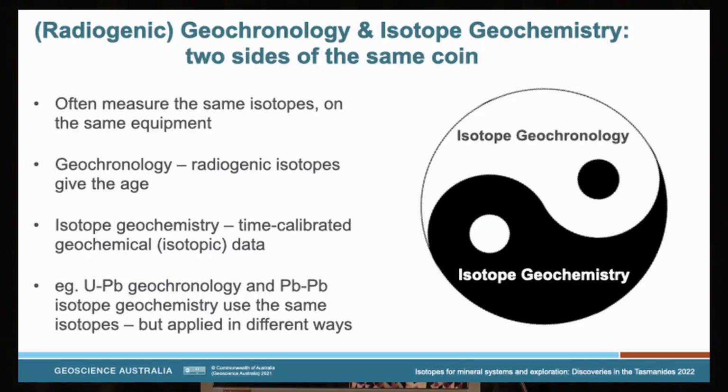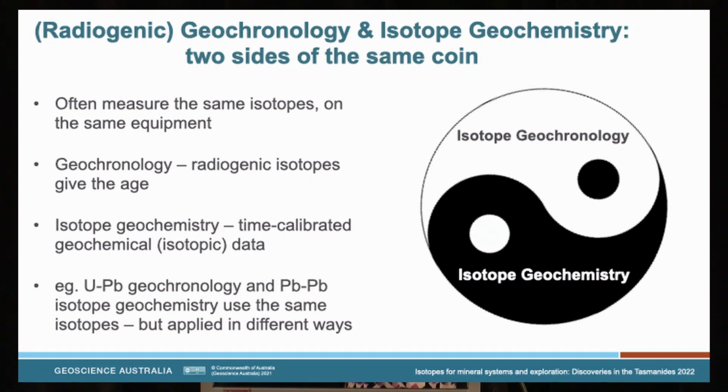I did want to just talk a little bit about bringing geochronology in as well. That's the part that most people will be more familiar with, dating rocks. Great. So the radiogenic geochronology and the radiogenic isotope geochemistry, two sides of the same coin, same isotopes. So if you find that some of these concepts get a bit blurred, it's because they are sometimes by nature actually blurred.